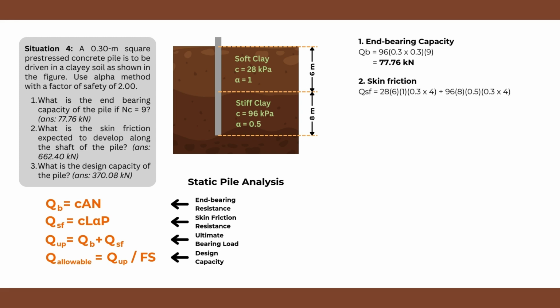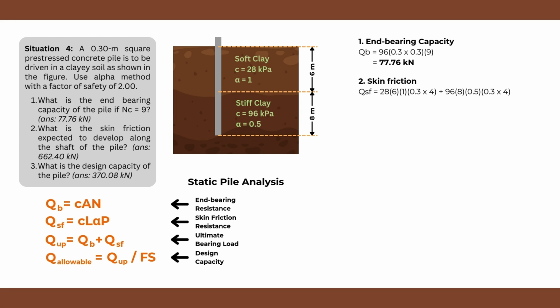Since dalawang layer type ng soil clay yung meron sa figure natin, unahin muna natin yung sa taas. Ang cohesion ng soft clay natin is C equal to 28 kPa. Length equal to 6 meters, alpha factor is 1, and perimeter natin is 0.3 times 4. Since ipag-a-add lang natin is sides ng square.